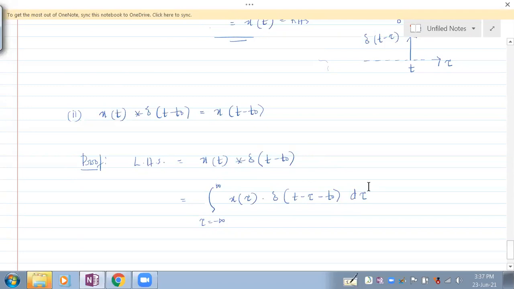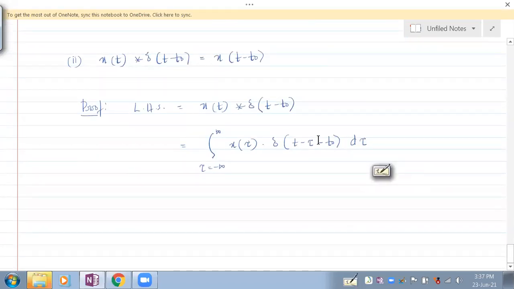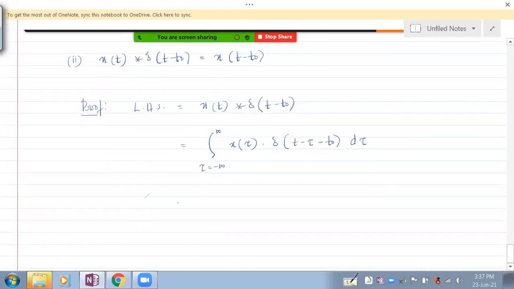So let's write it in a proper form. So this further can be written as integration tau ranging from minus infinity to plus infinity, x of tau delta of, see here, t minus t naught we shall write in the bracket, then we shall write minus tau d tau.